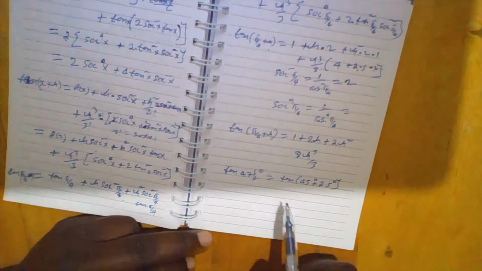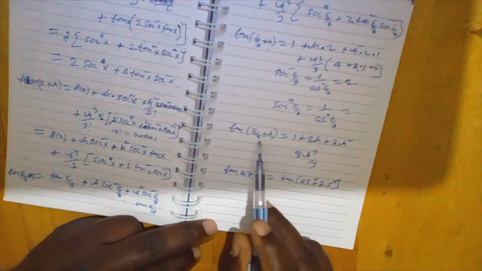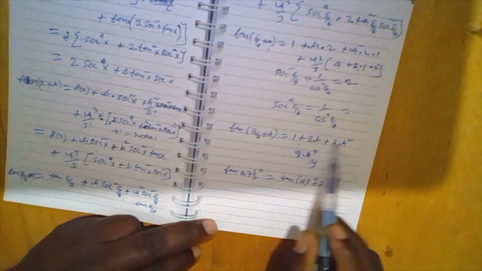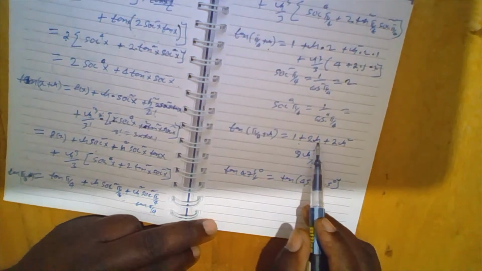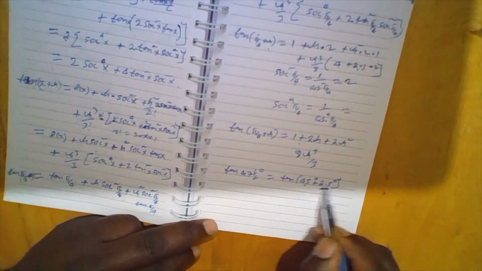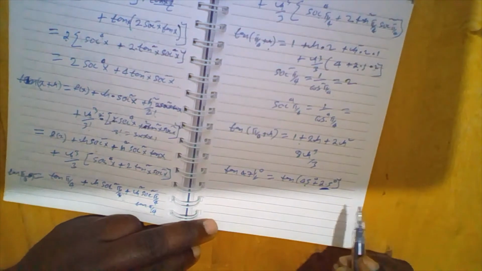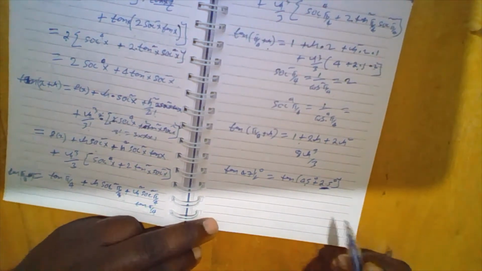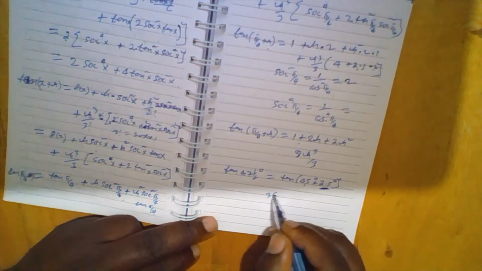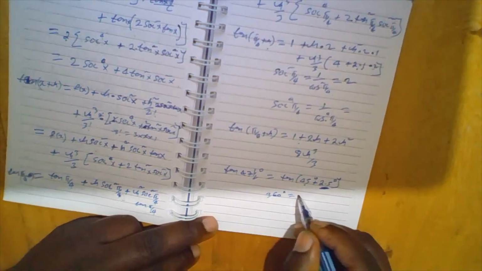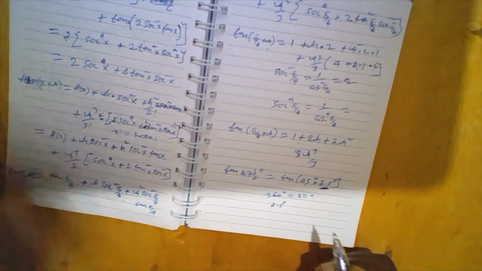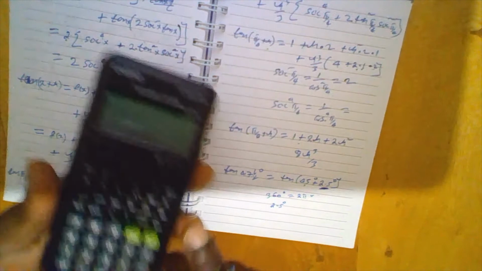So from this equation we already have tan 45. So what we are lacking is h, and h is 2.5. So we change this one into radians. So we know that 360 degrees equals 2 pi in radians. What about 2.5 degrees?